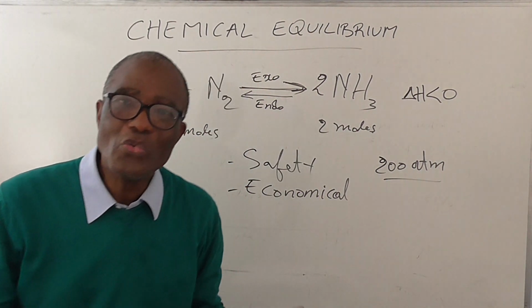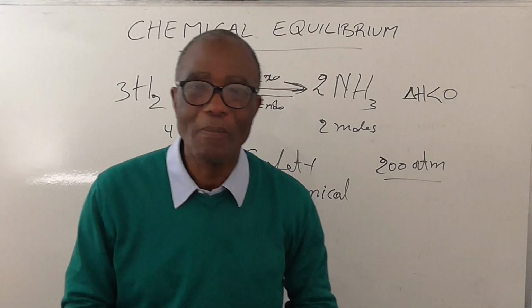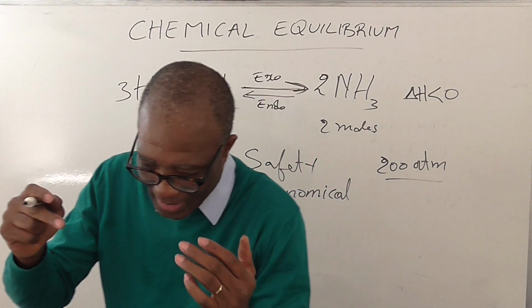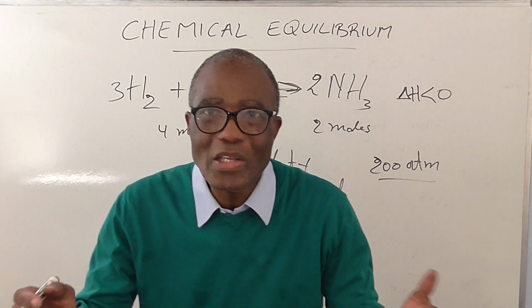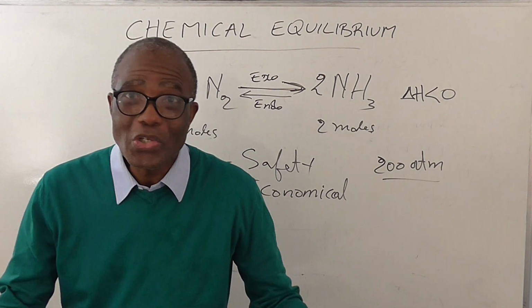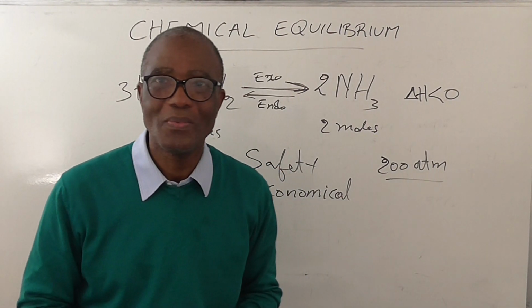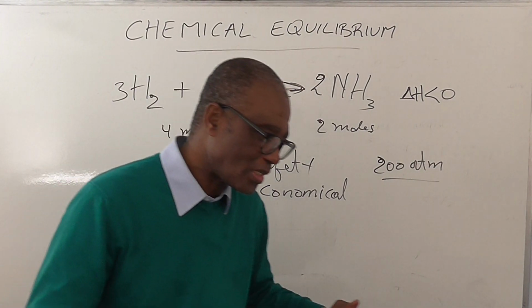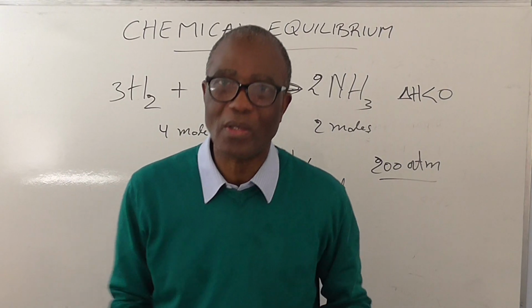But when we lower the temperature, the production will be very slow. The production will be slow. This is another problem. And the people, they say, okay, let's sit and talk.